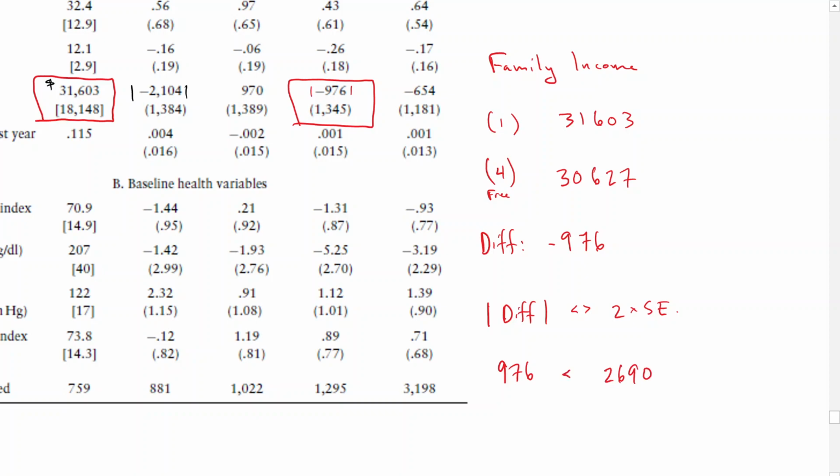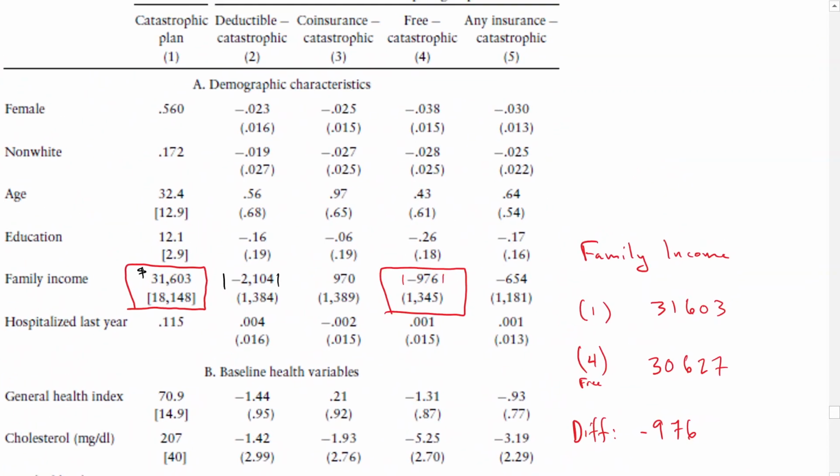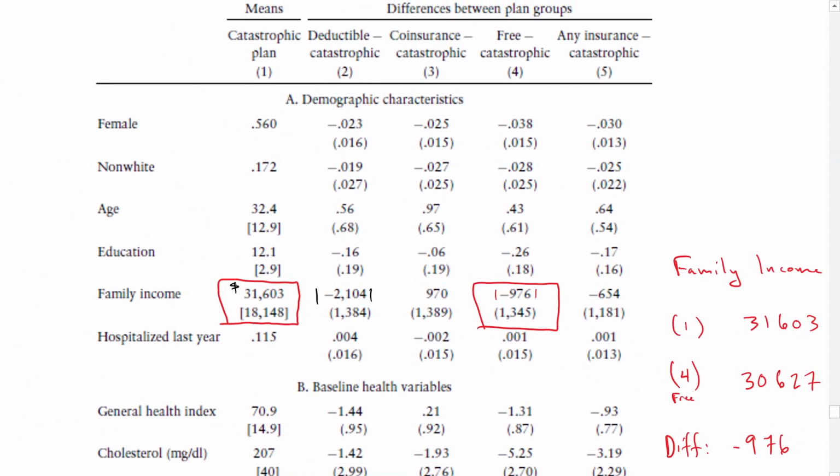And so the difference is less than 2 standard errors. That means that the difference can be attributed to chance. It is totally possible, just by chance, that somebody could end up in this group or this group.